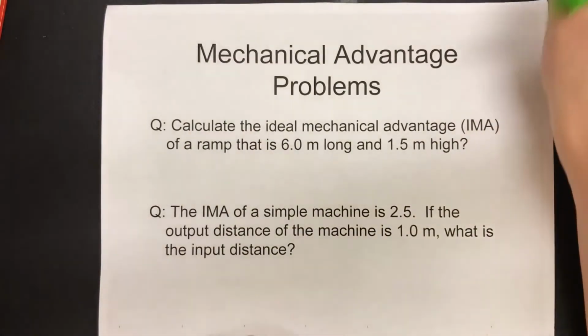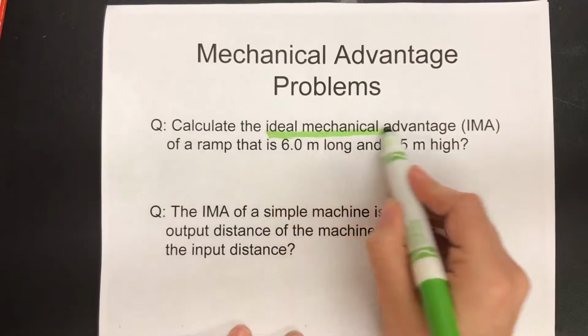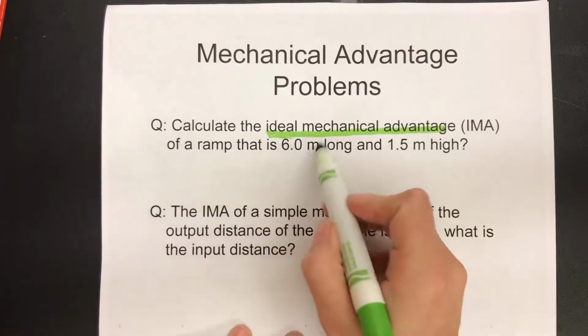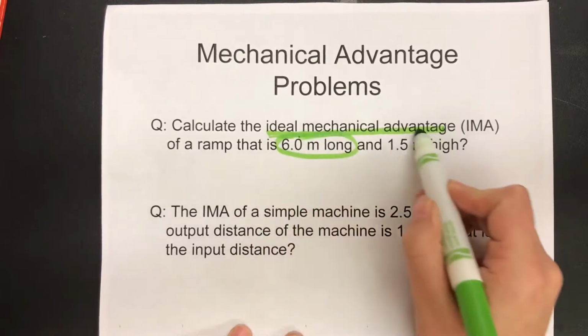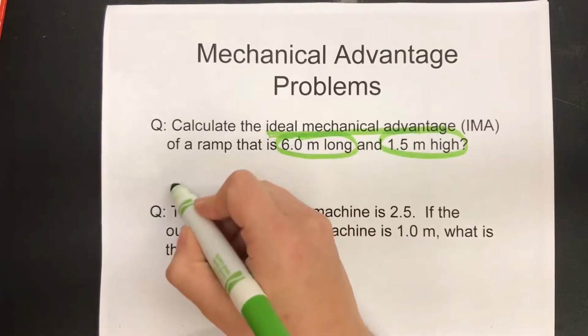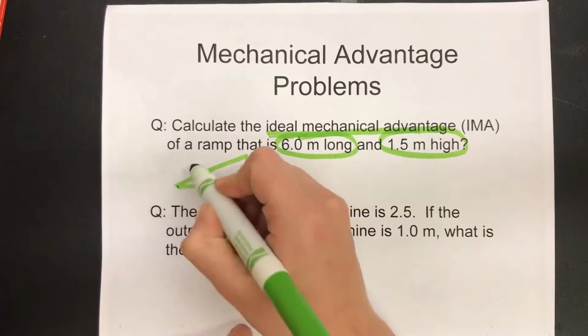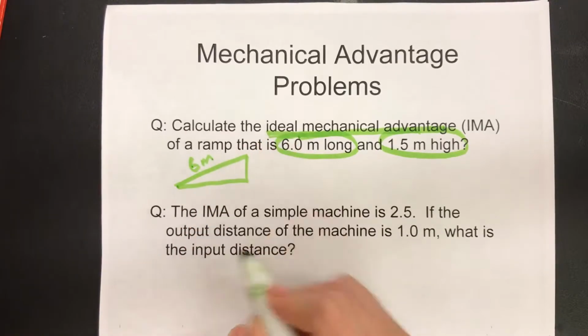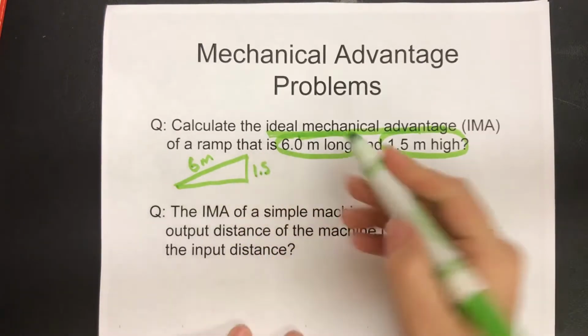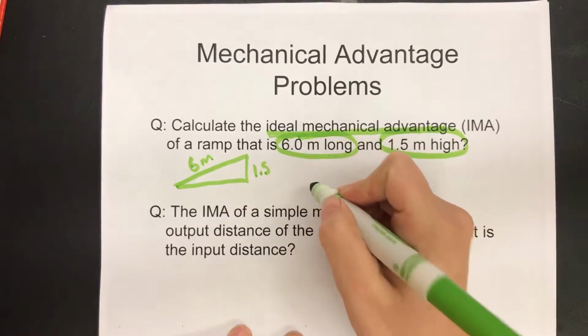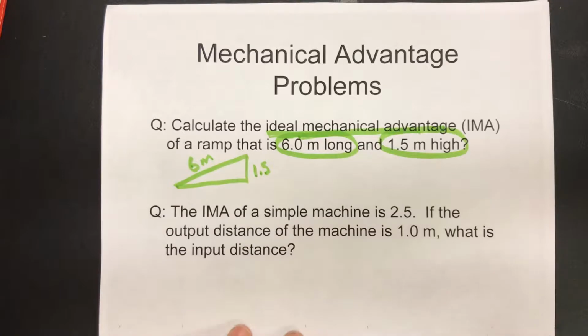So let's do a couple problems here. Calculate the ideal mechanical advantage of a ramp that is 6 meters long and 1.5 meters high. So if we were to draw this out, this would be 6 meters and this would be 1.5. So what is the person doing? Where are they walking? Are they going to walk straight up or are they going to walk along the inclined plane? They're going to walk across the inclined plane.